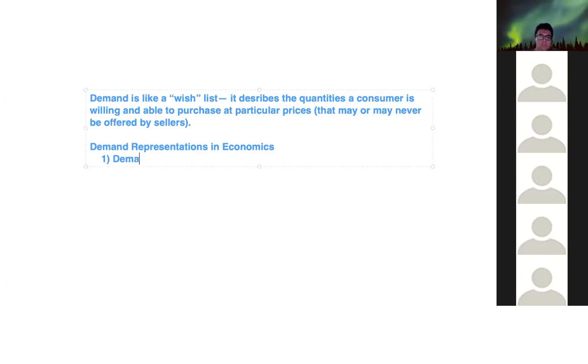One is called a demand schedule, and it is a list of prices and quantities. When I say a list, I mean a double column list. At each price, it lists a quantity. So I'll call it a table.